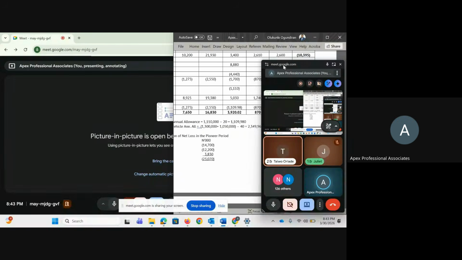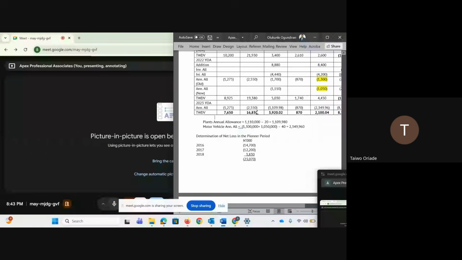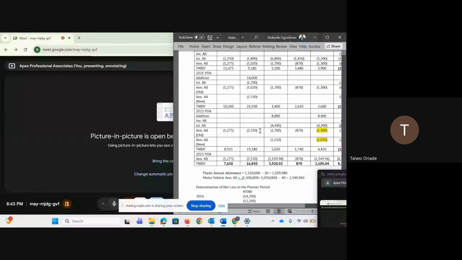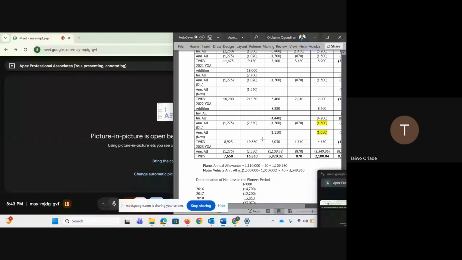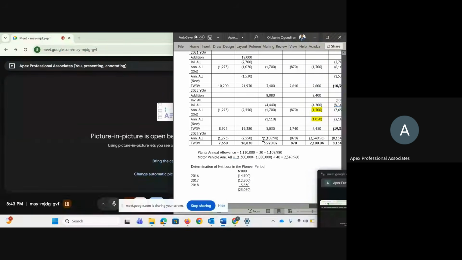No, annual allowance for the old assets for plants, right? Yes, for the last year. I think you're right. So we are supposed to add 1.7 to it. Exactly, sir. You're right. That was an oversight from my end. I just picked the last figure.